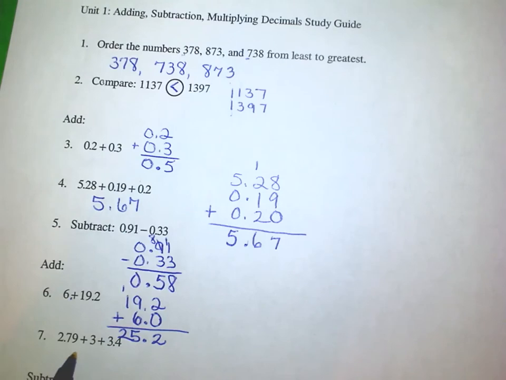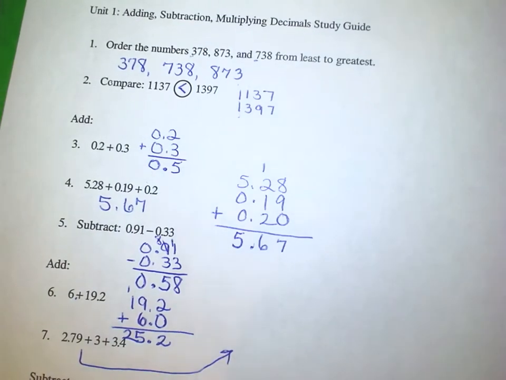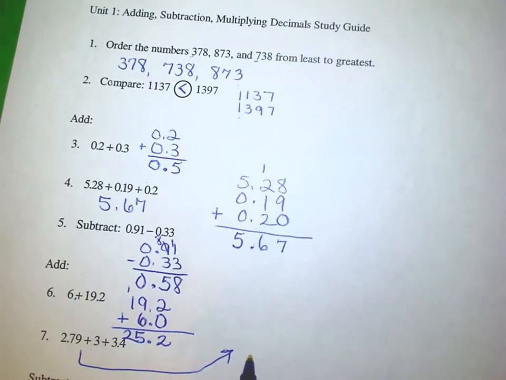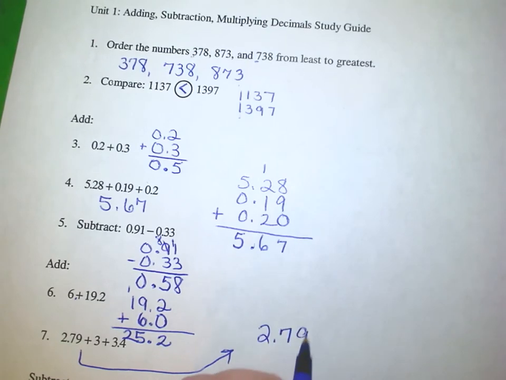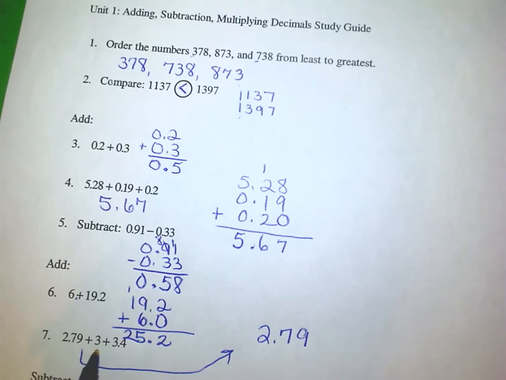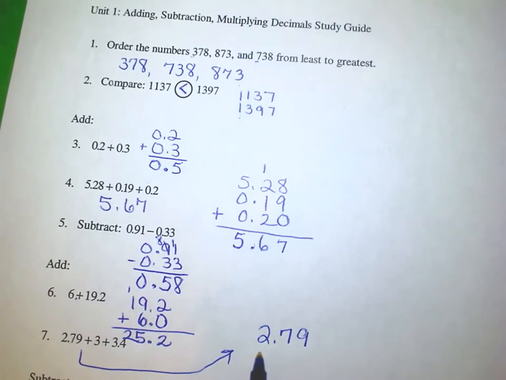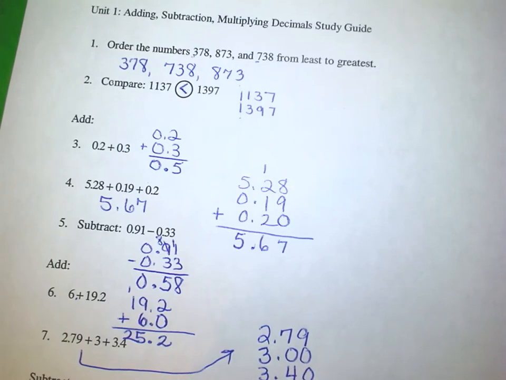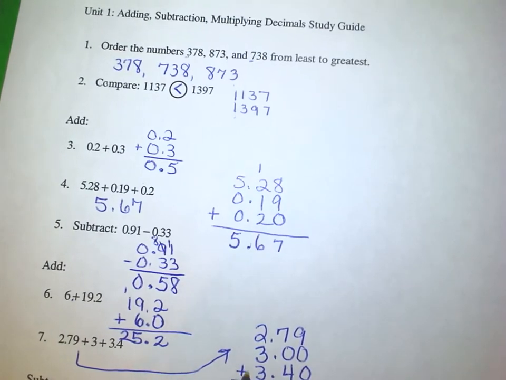Number 7. I'm going to work it out over here so we have more room. Now this one, you don't have to order them from biggest to smallest necessarily, but you do need to make sure that they're all in the right place value column before you add. 7, 8, 9, 10, 11.